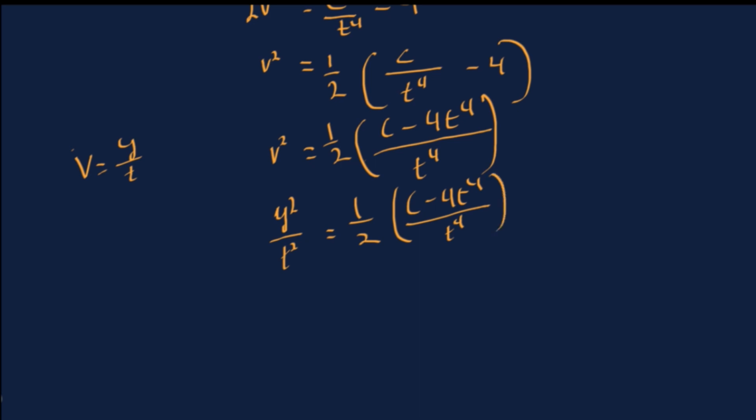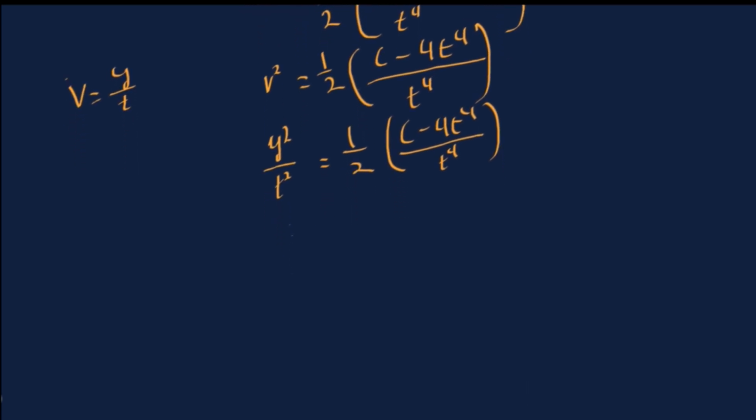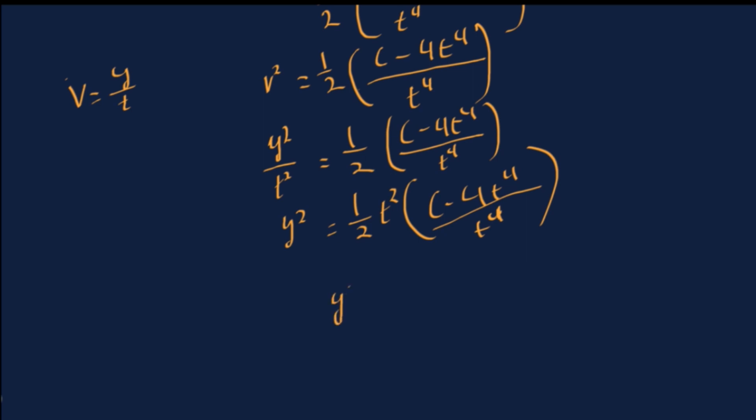And to solve for y, we will multiply both sides by t squared, and we will get y squared is equal to 1/2 times t squared times (c minus 4t to the fourth) over t to the fourth, which can be simplified as y squared is equal to (c minus 4t to the fourth) over (2 times t squared).